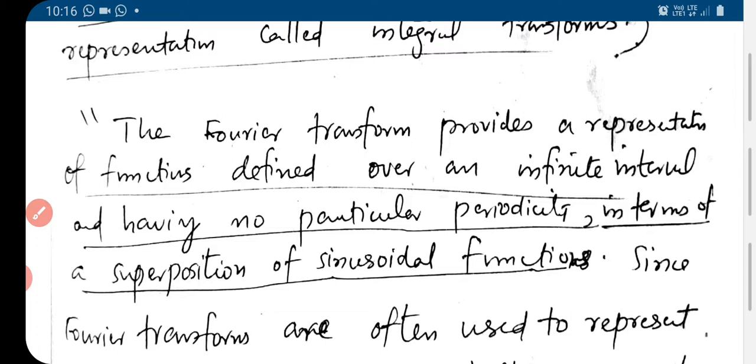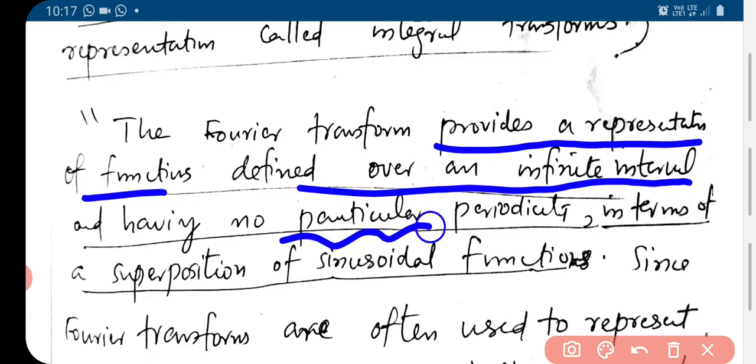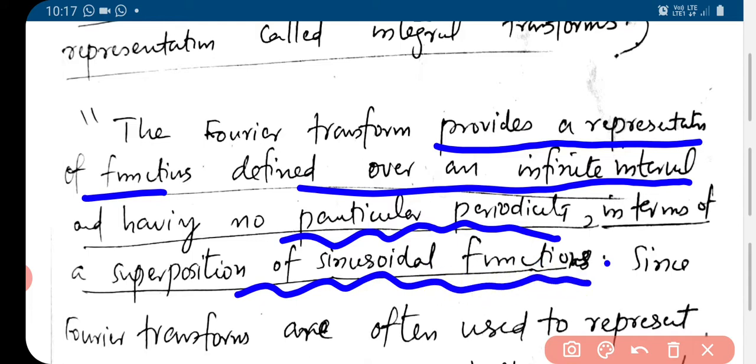The Fourier transform provides a representation of functions defined over an infinite interval, not a finite interval as in the case of Fourier series, and having no particular periodicity. So there is no condition that the function has to be periodic. It is a representation in terms of a superposition of sinusoidal functions. So this is the Fourier transform.